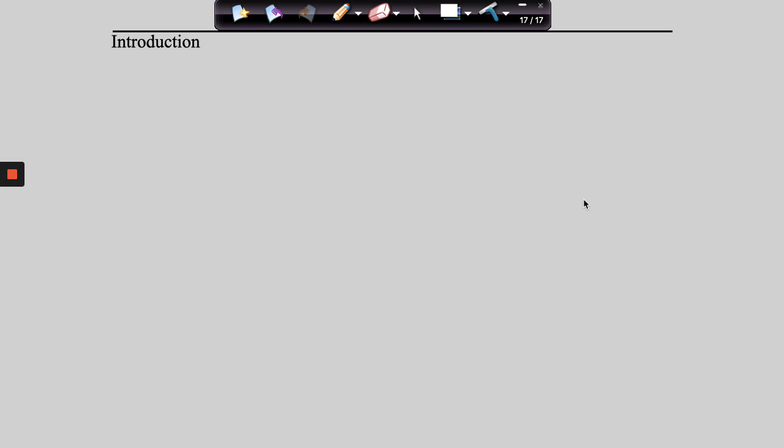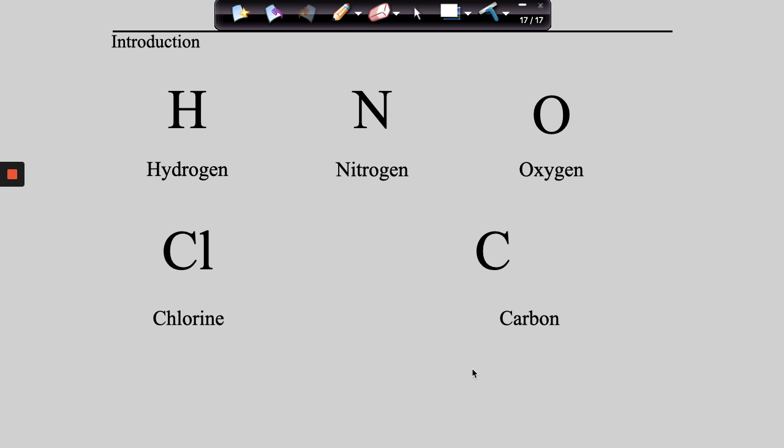Okay, so in order to get started with drawing Lewis dot molecular structures, the place to begin is by drawing Lewis dot atomic structures. So what I'm going to ask you to do, and please do this in your notes, is draw the Lewis dot structures for these 5 elements. We will pause the video for a second to allow you a moment to do that.